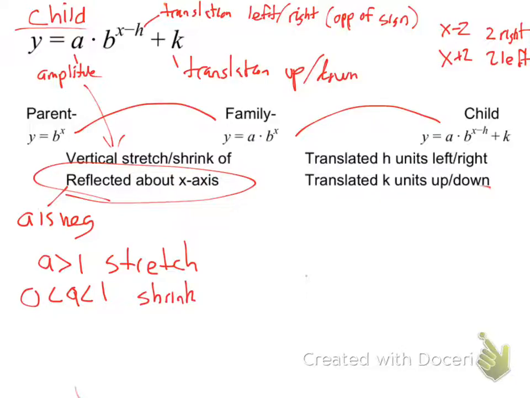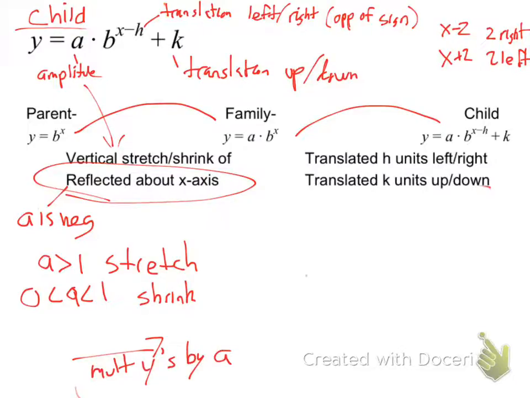That's how A affects our graphs. And here's the thing. If it's only affecting my Y values, I'm only going to multiply those A values to Y. So to get from the parent to the family, going in this direction, I'm going to multiply Y's by A.